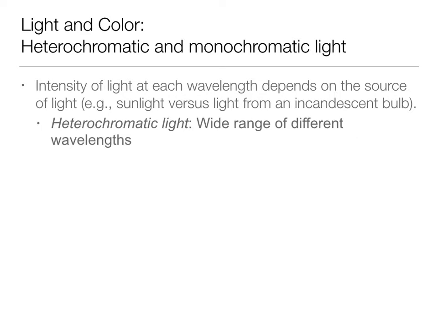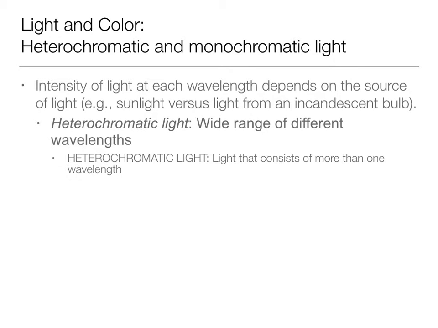And this is that wide idea of heterochromatic light, that there's a wide range of different wavelengths. It's light that contains more than one wavelength. So when we're seeing light from the sun, that's got more than just one wavelength in it. Remember, hetero means different, so heterochromatic just means different colored light.